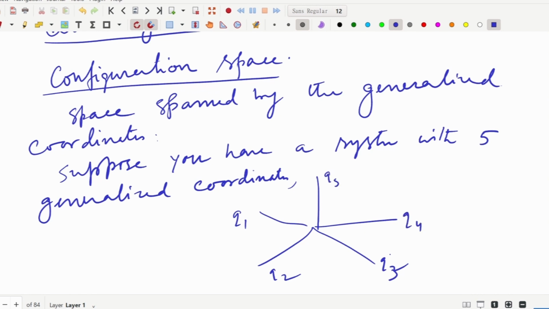So the configuration space is 5-dimensional in this case, for a system having 5 generalized coordinates.